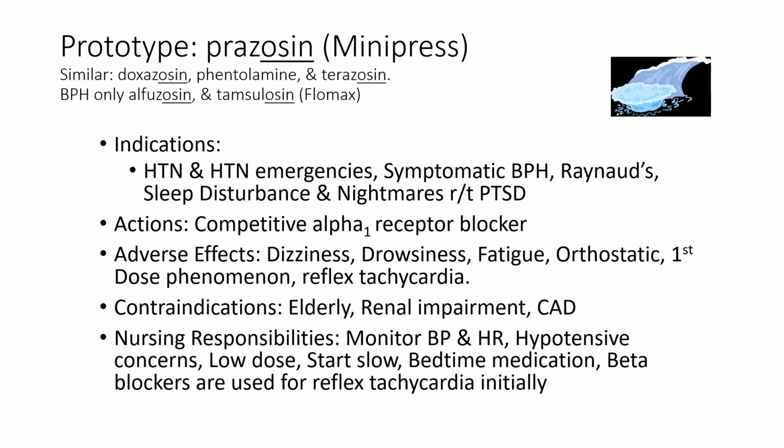Renal impairment, just because it's excreted renally. And coronary artery disease, essentially just because of the reflex tachycardia that you can cause. So if someone has angina and they're older, it wouldn't be a great drug because you're making their heart beat faster initially, and you're making their blood pressure potentially drop precipitously with the first few doses. So it'd be a bit dangerous.